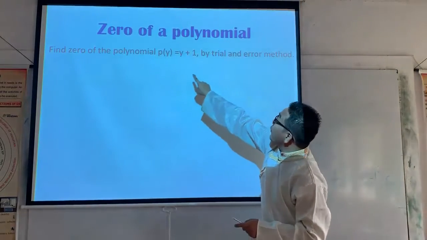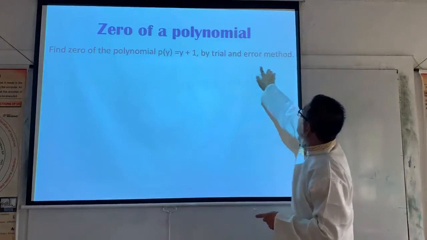So we will also find the zero of the polynomial p of y is equal to y plus 1 by the trial and error method.